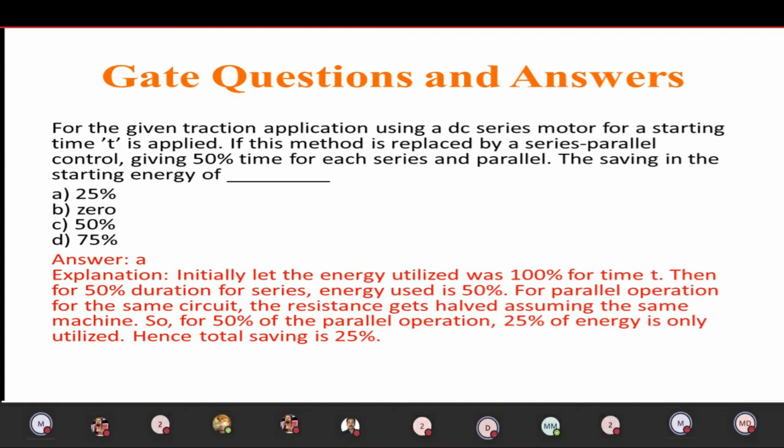Then for a 50 percent duration of series operation, 50 percent energy is used. For parallel operation of the same circuit, the resistance is halved, assuming the same current. So for 50 percent of parallel operation, only 25 percent of energy is utilized. Hence the total saving is 25 percent. So the answer is 25 percent.